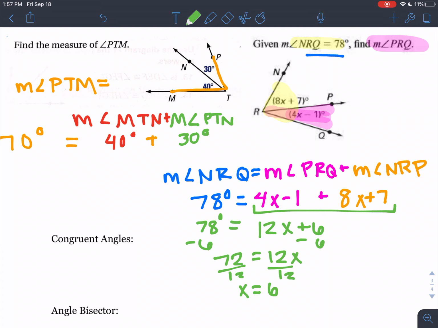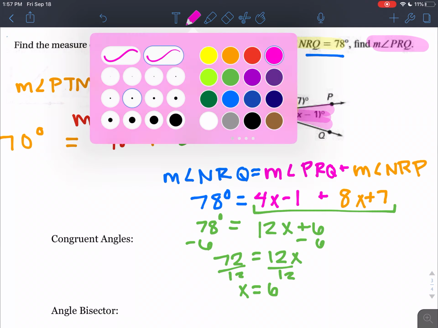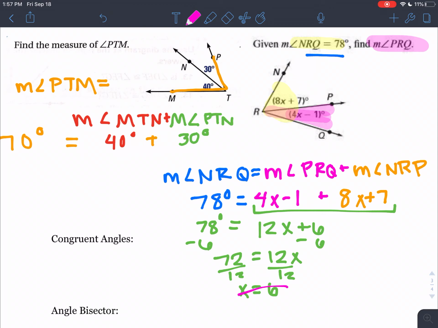So x equals 6. But did the question ask us to find x? No. It asked us to find the measure of angle PRQ, which means we need to plug x back into it. So we have 4 times 6, minus 1.